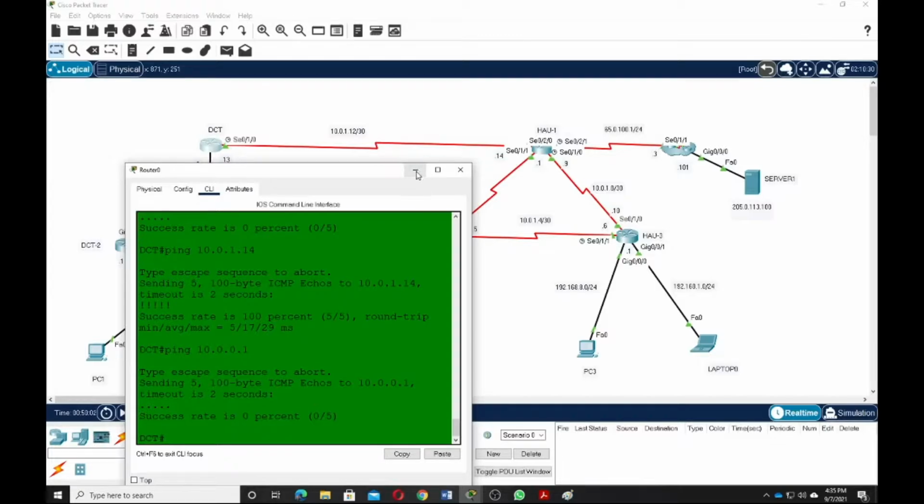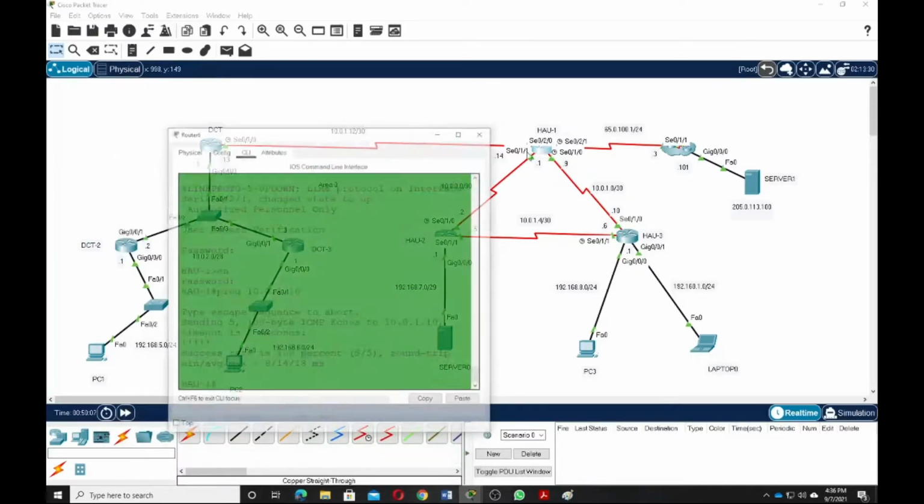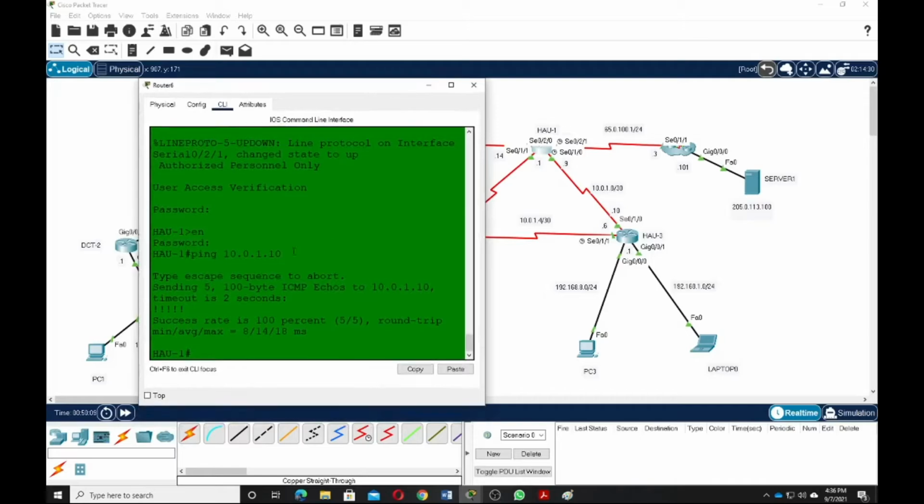Okay, so the first requirement is to configure the protocol. Based on the requirements, we need to configure using the network command. So config t, we are in the HAU1 router, and then router ospf 10, using the process ID 10.